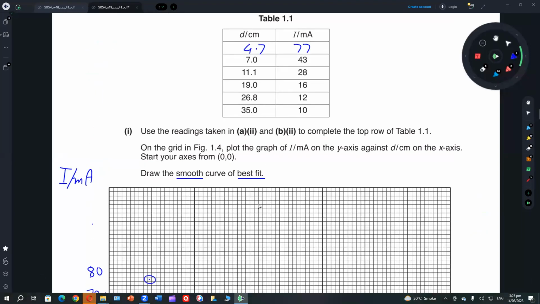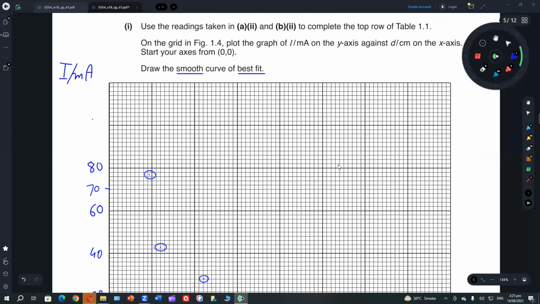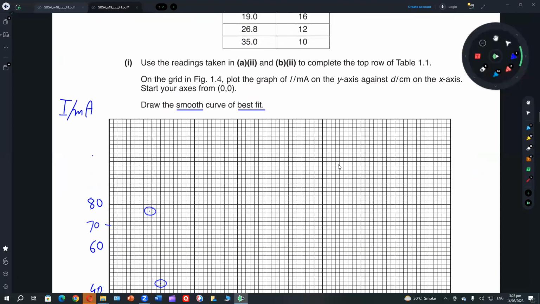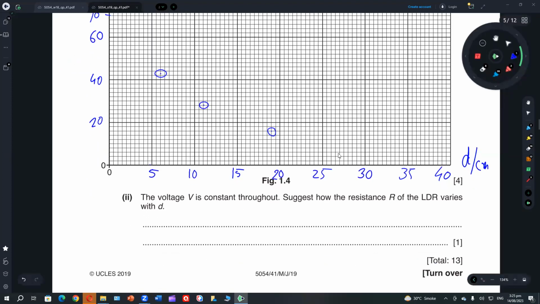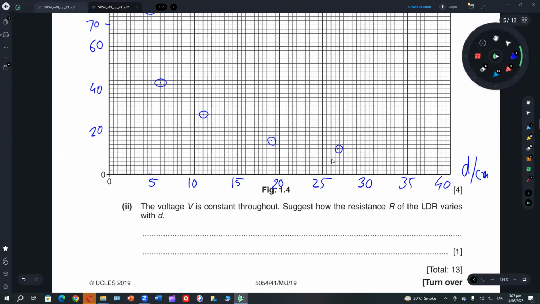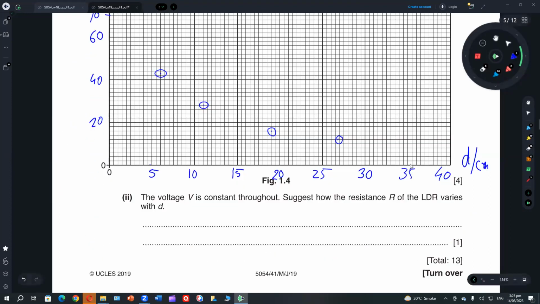Then it is 26.8 and 12. It is 35 and 10, the last one, 35.